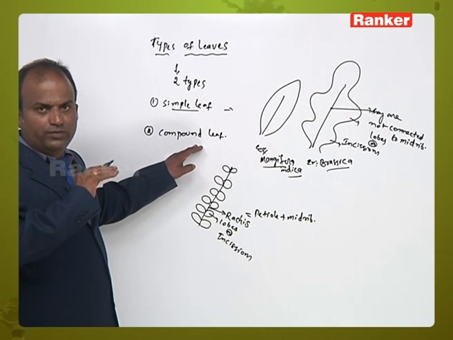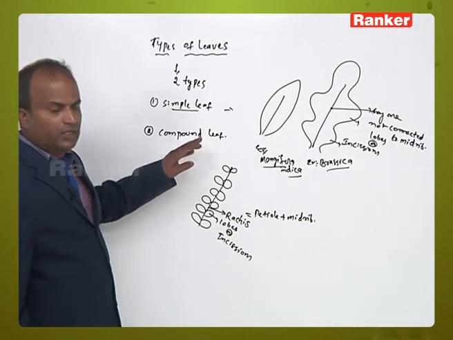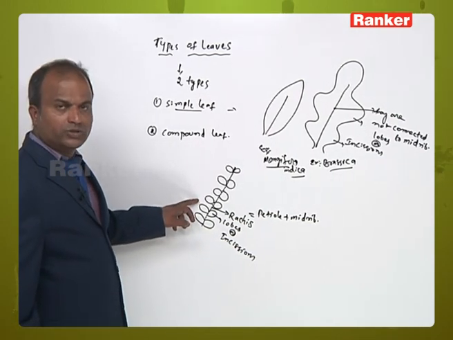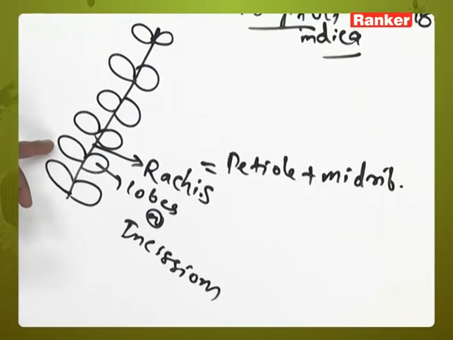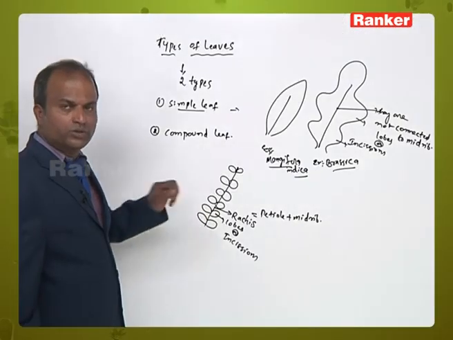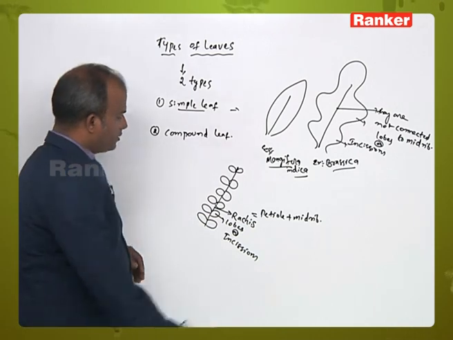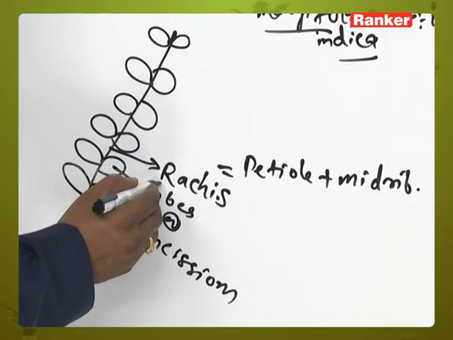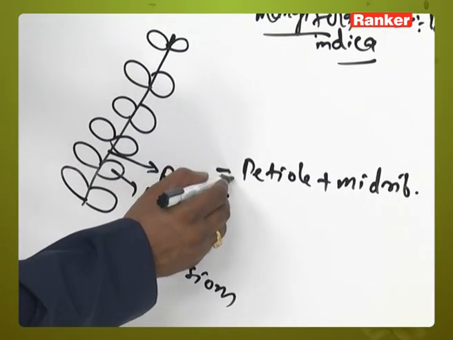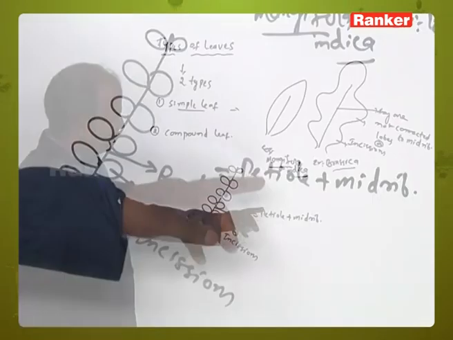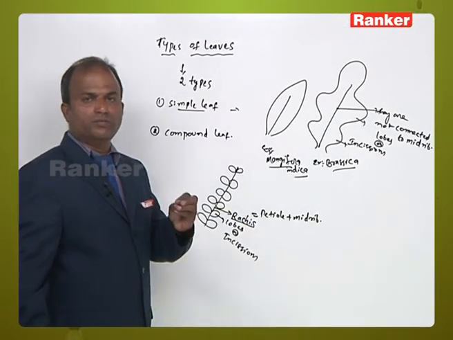The compound leaf does not show an entire margin. It shows incisions or lobes attached to the midrib, and here it is not called the midrib, it is called the rachis. Rachis is the combination of petiole plus midrib.